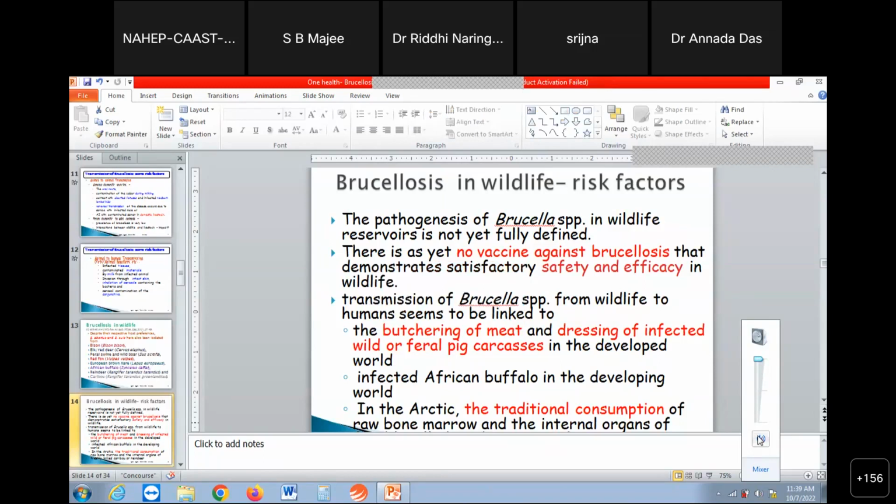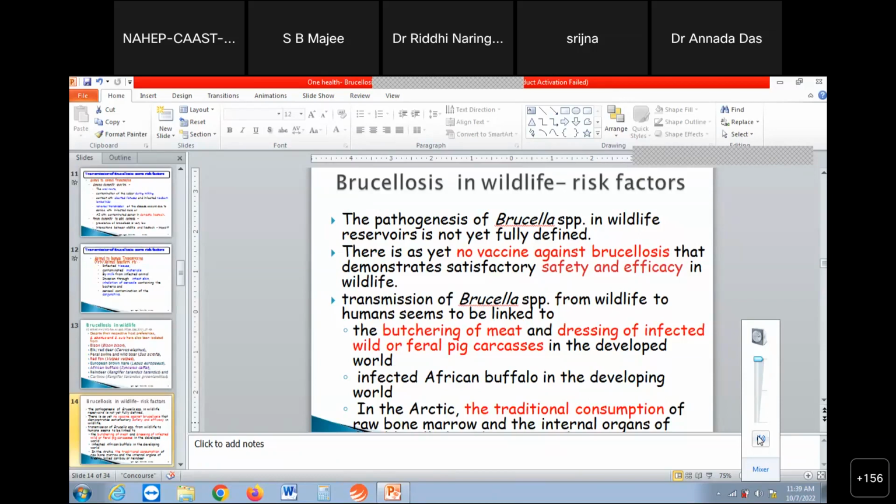So this is a very important risk factor in the developed world, where they go into the jungles and hunt animals and eat the carcasses, or they eat the meat, and sometimes it's just smoked or just barbecued very lightly.